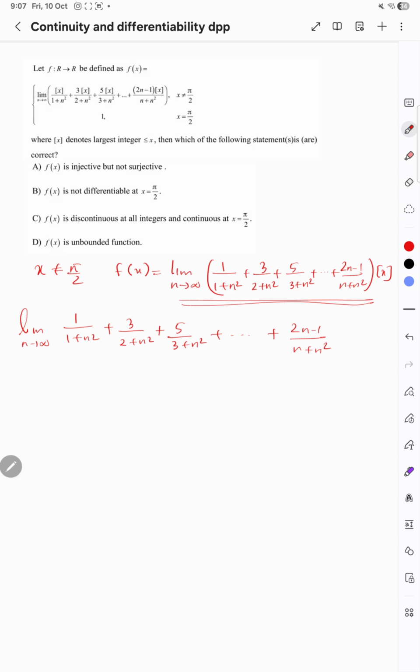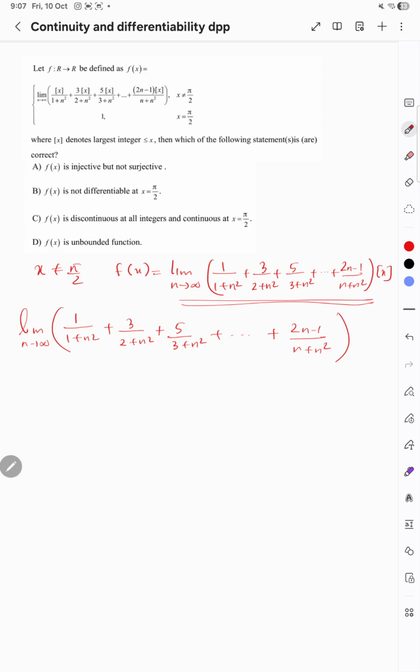This limit we need to find. For this we are going to use the sandwich theorem. So for the time being, the question is reduced to finding the limit of this particular expression.